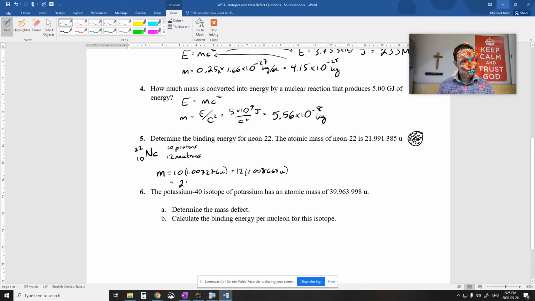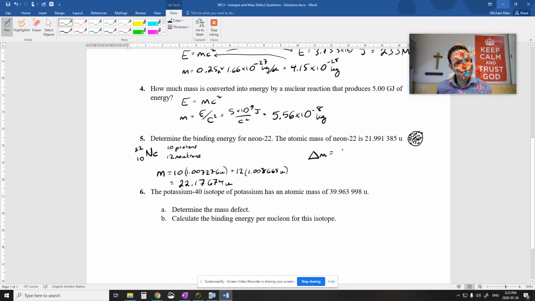We get 22.176674 atomic mass units. Okay, so all its pieces have more mass than when they're together. So it lost mass when they come together, okay? So there's a mass defect.